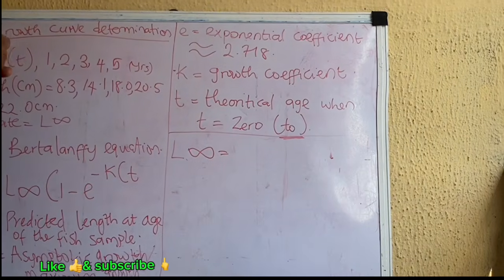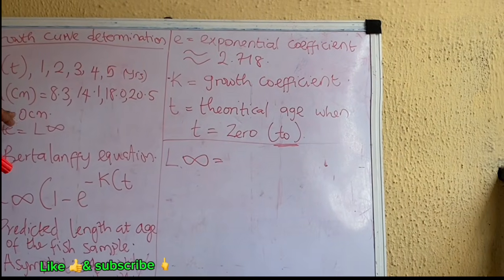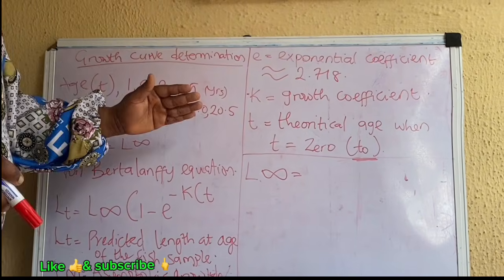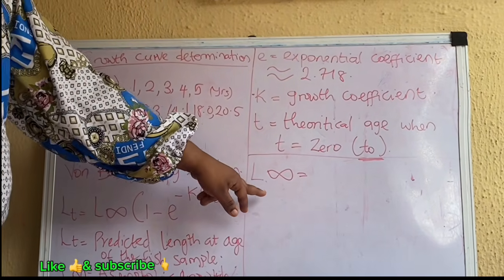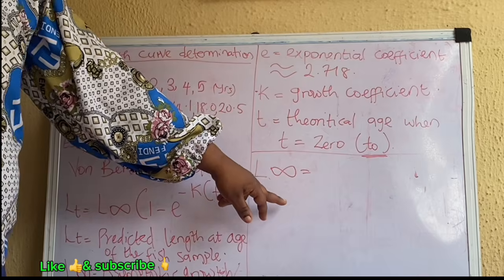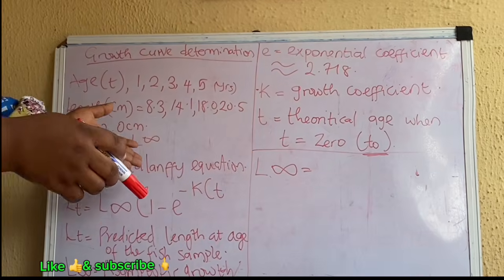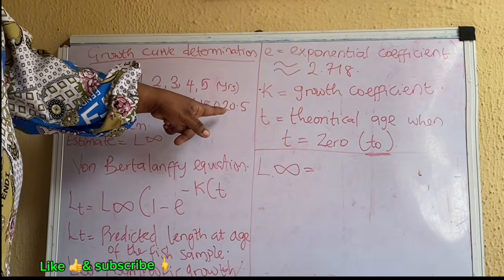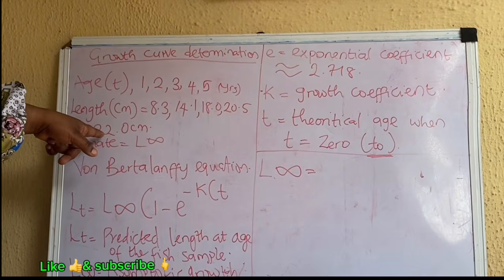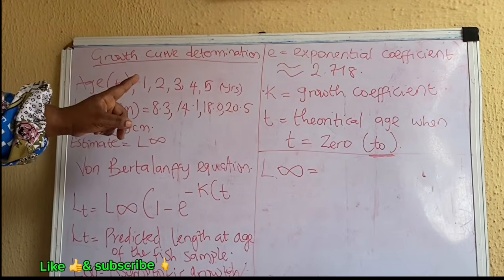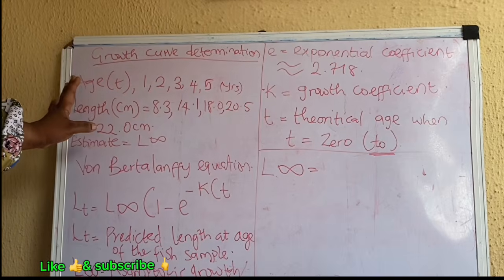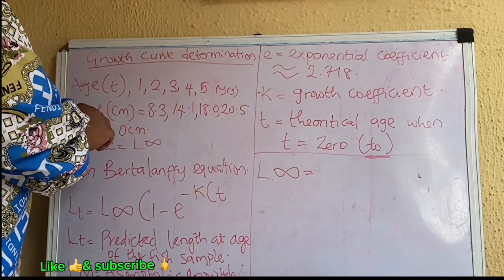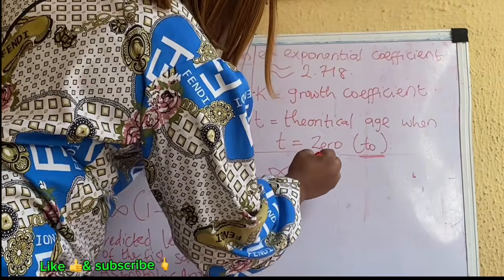For you to look for the length asymptotic, in the set of data you look for the maximum length, because this symbol is known as asymptotic, which can be the maximum length. You're given a set of data: 8.3, 14.1, 18.0, 20.5, and 22.0, all in centimeters, because it is the length. Then you look for the larger length, which is 22.0.